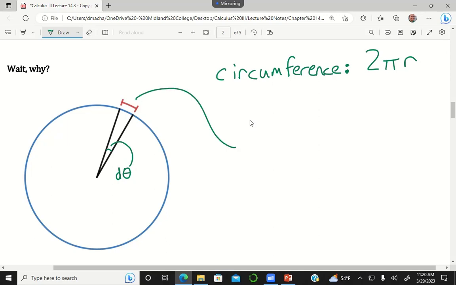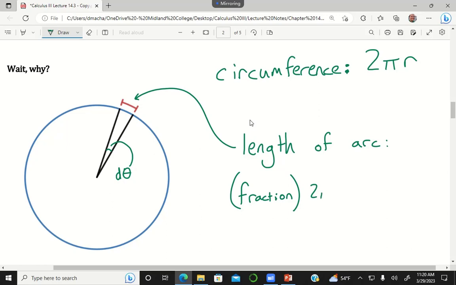And if I wanted to find the length of that little line segment, it's not exactly a line, it's a little bit curved. It's the length of an arc of the circle. This would be some fraction of the circumference.